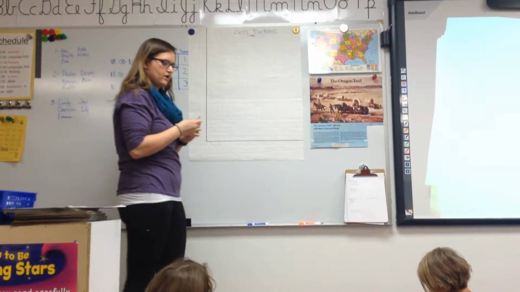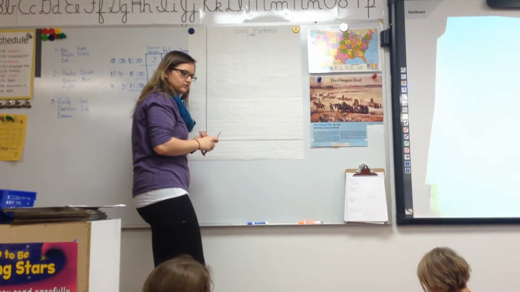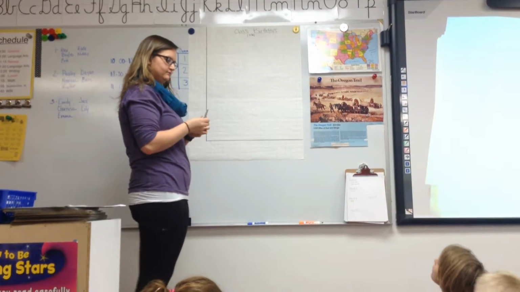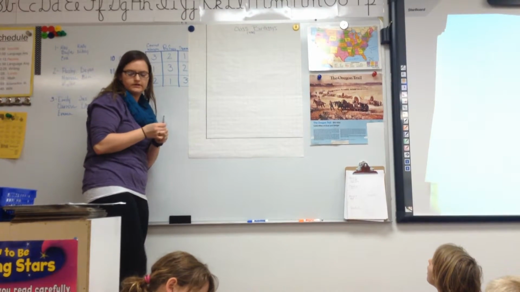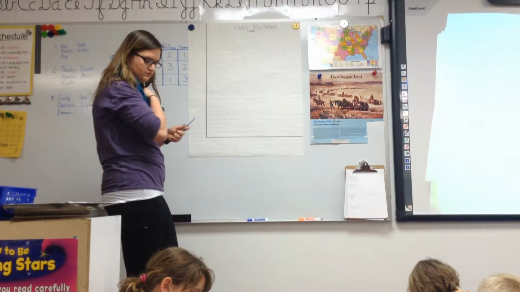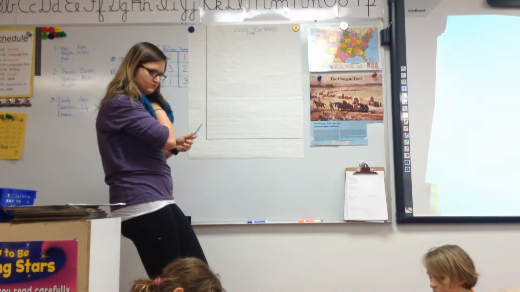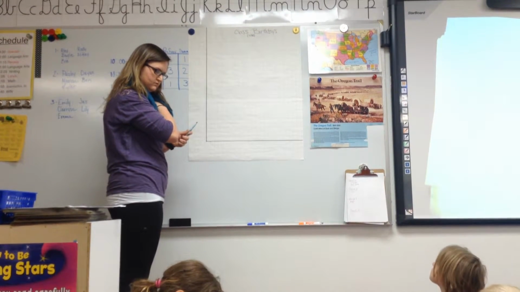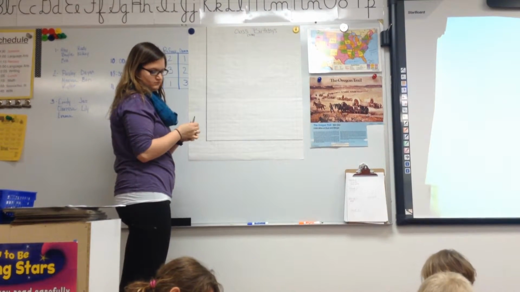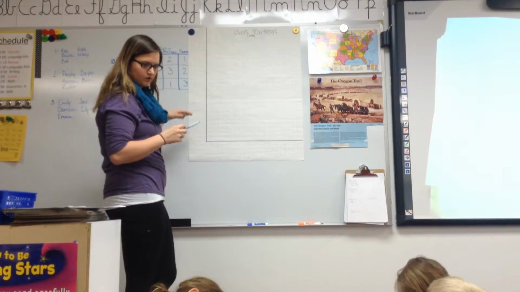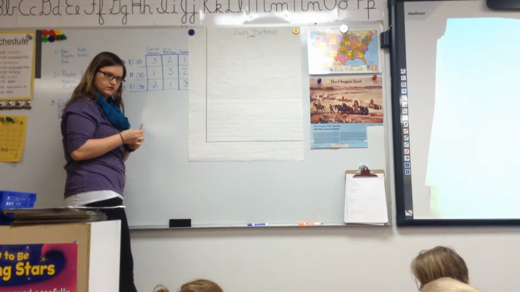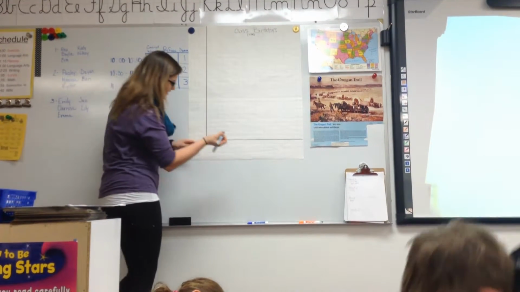So you know, we always, always, always need a title, right? Okay, what do we need next? If we have our title, what else do we need to label? You need to label the months. Okay, the months. Very good.